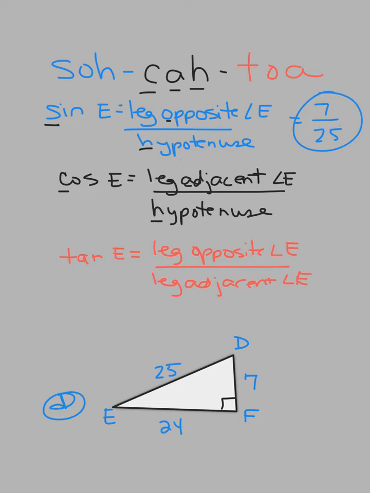So the cosine of E, the leg adjacent to E is 24, and the hypotenuse is 25. And our last trig ratio is tangent of E, that's TOA. T for tangent, O for opposite, A for adjacent. So the leg opposite of E is 7, the leg adjacent to E is 24, so there's my tangent ratio.